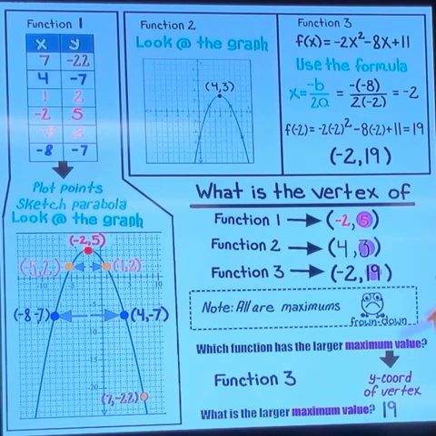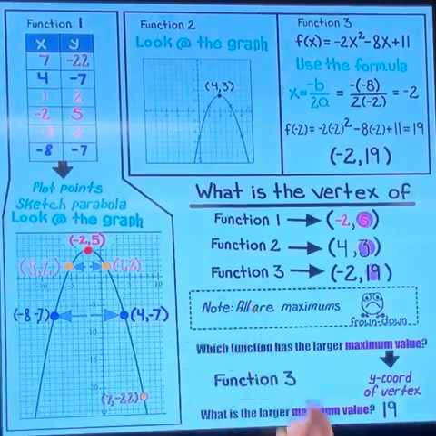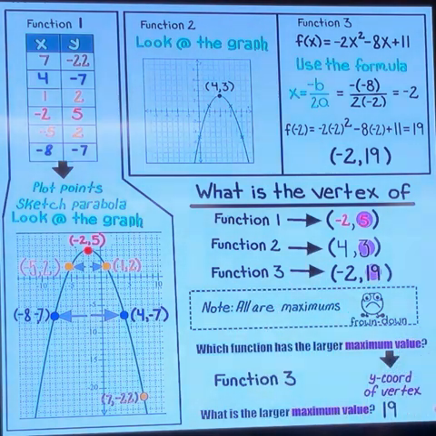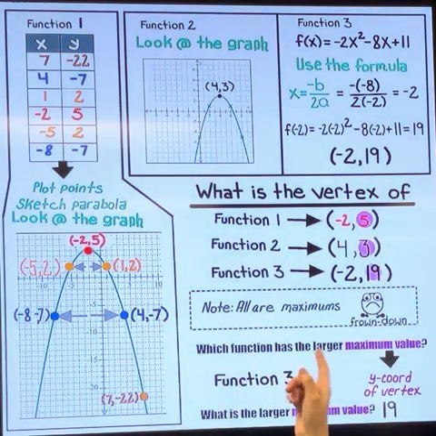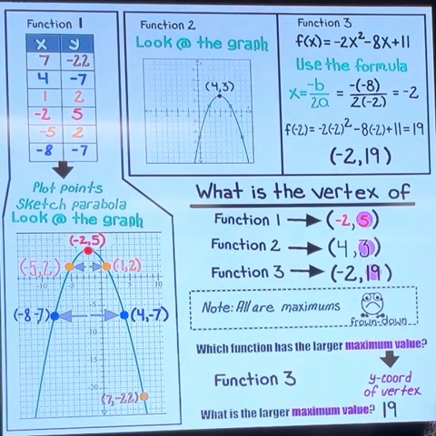It is 19. So one more time, if you had some functions and all of the parabolas instead were opening up, then it might say something like, which function has the larger minimum value?